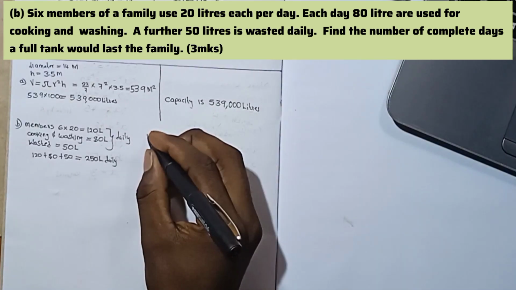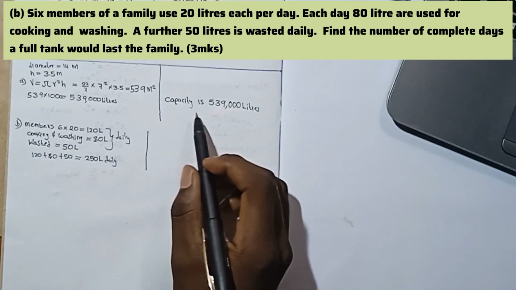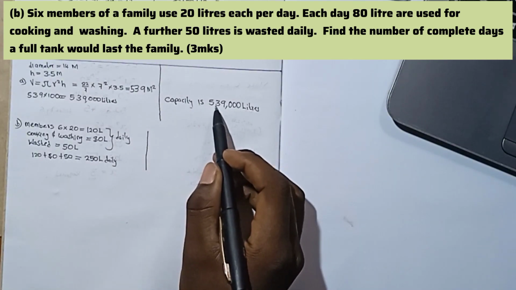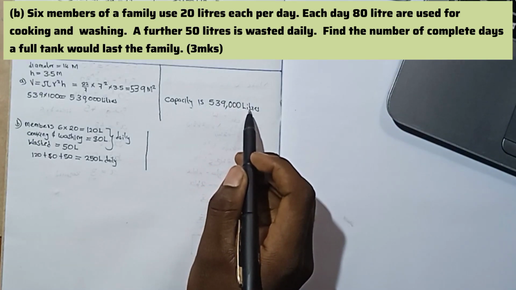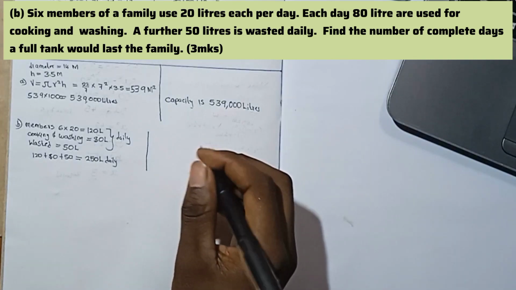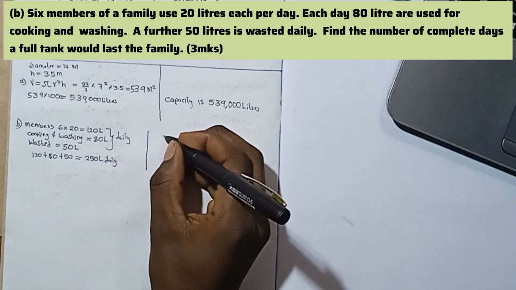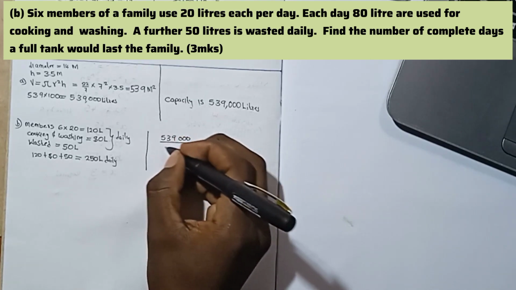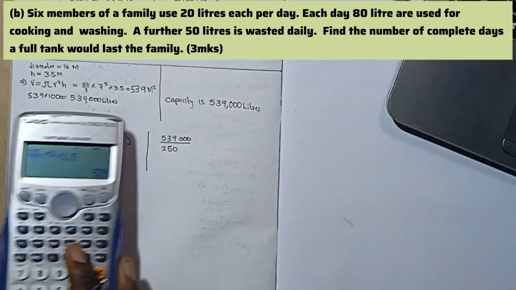So the number of days, the whole tank is 539,000 liters. So how many days will this water last? 539,000 divided by 250 liters.